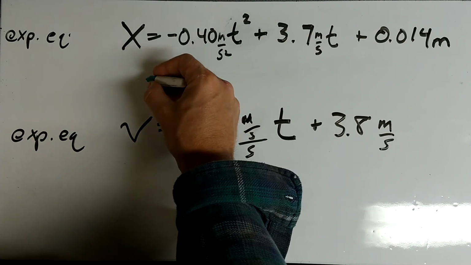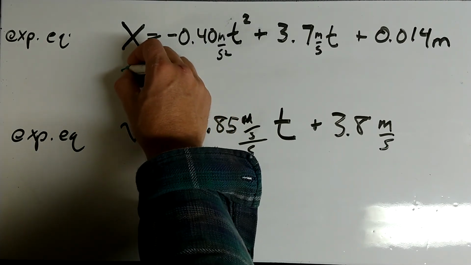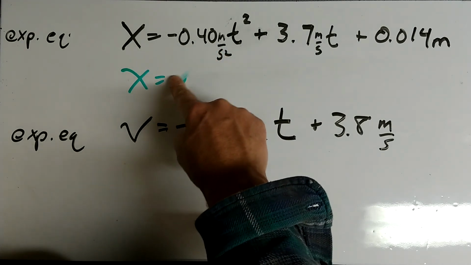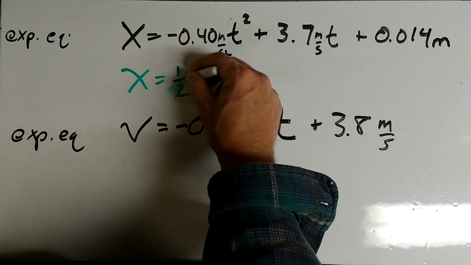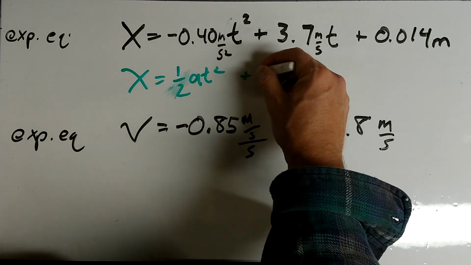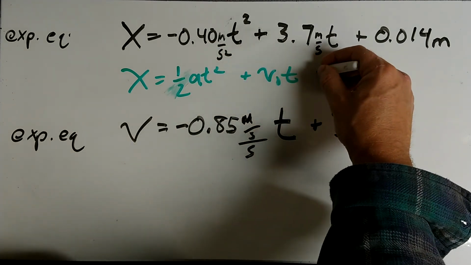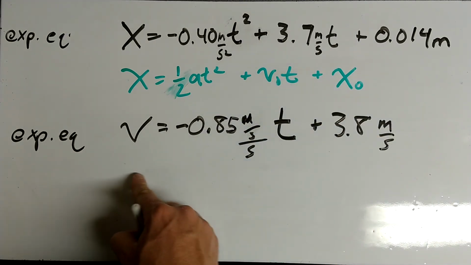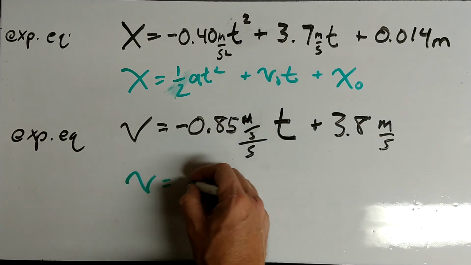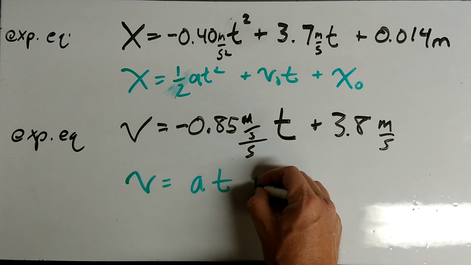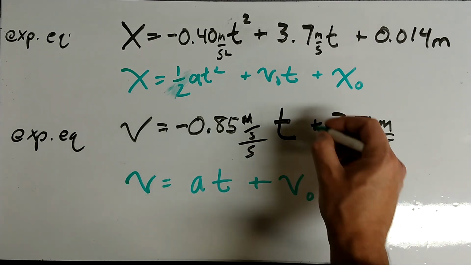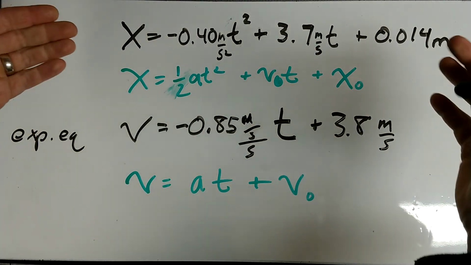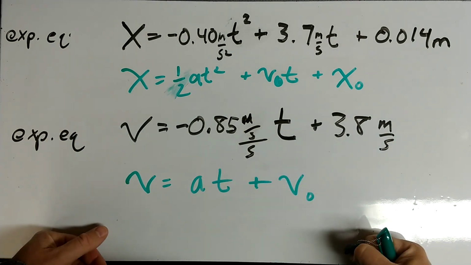All right, so the general equation for this one is position equals 1/2 at squared plus v initial t plus the initial position. The general equation for this one is v equals at plus v naught. So 0 there. So those are your general equations. Your experimental equations, your general equations.